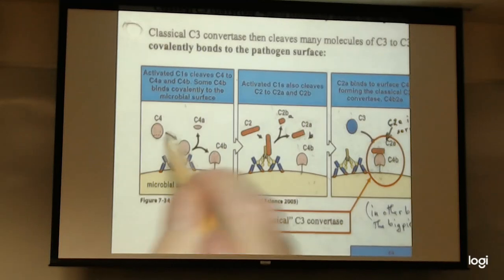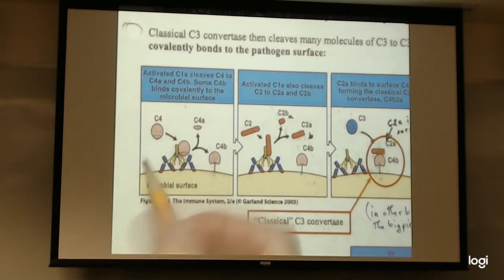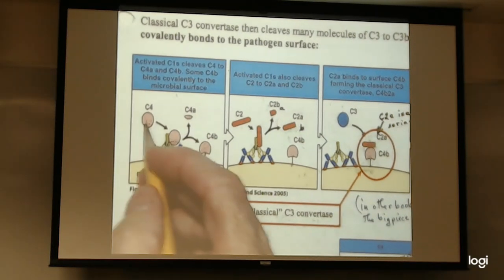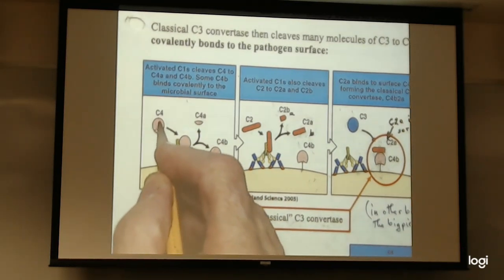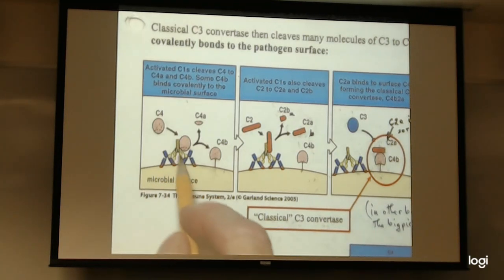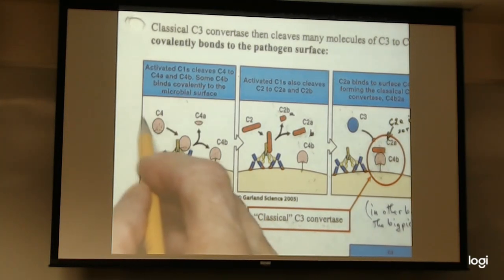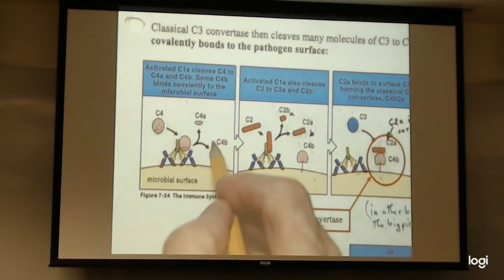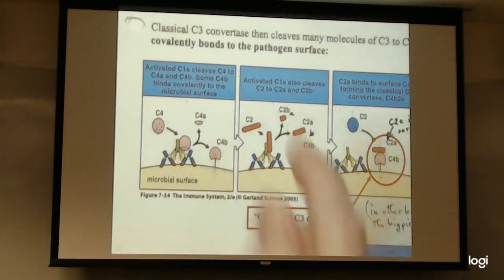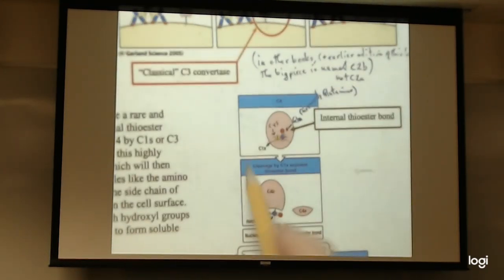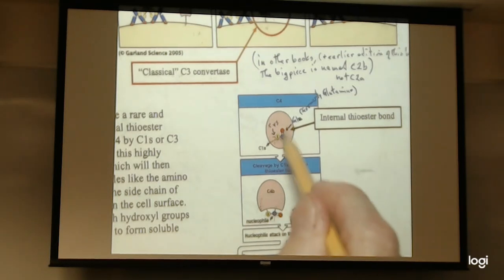Here's where we're going to cleave, and inside of here is this highly reactive thioester molecule that we're going to talk about. So C1S cleaves C4 to a small piece C4a and a big piece C4b. The big piece C4b has this internal so-called thioester, it's a strange linkage.